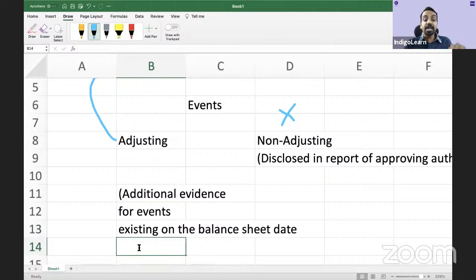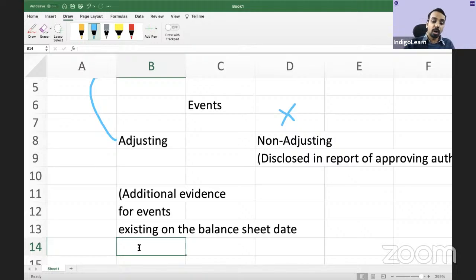There is something which is existing on the balance sheet date, and now you are getting additional information or additional evidence for that. The favorite question from ICAI in these cases is, there is a debtor. There was doubtfulness that the debtor will pay back the money, and finally, before the financial statements were issued, they realized that the debtor has become bad, or the debtor has gone insolvent. Amount will not be realized.